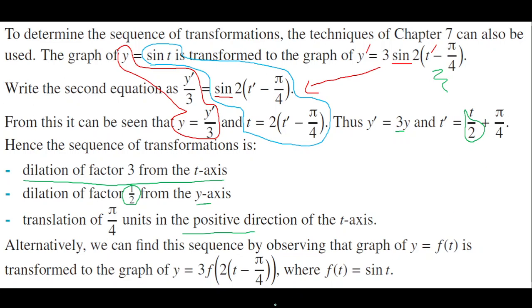Okay, and the alternate method is what we did in the example, by doing a sequence. We observe the graph and follow the different transformations, and you can do that by isolating your function f of t, which is your sine, and then by doing the coordinate mapping, you get the transformations in that sequence.